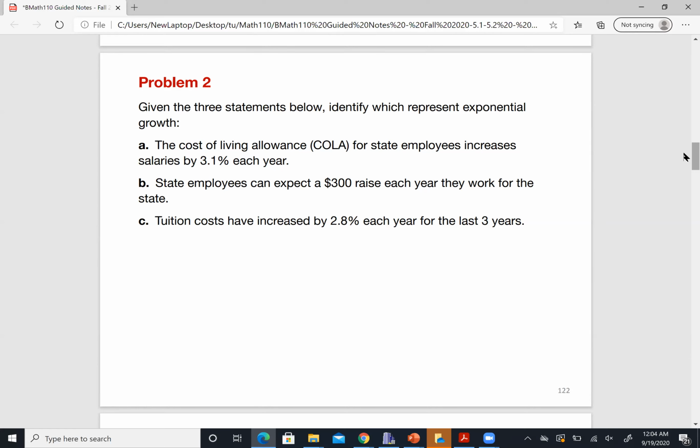Given the 3 statements below, identify which represent exponential function, which represent exponential growth. So the cost of living allowance, COLA, for state employees increased salaries by 3.1% each year.